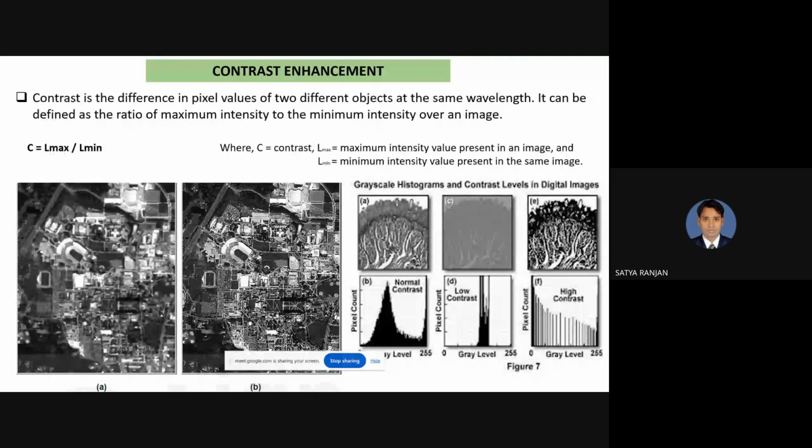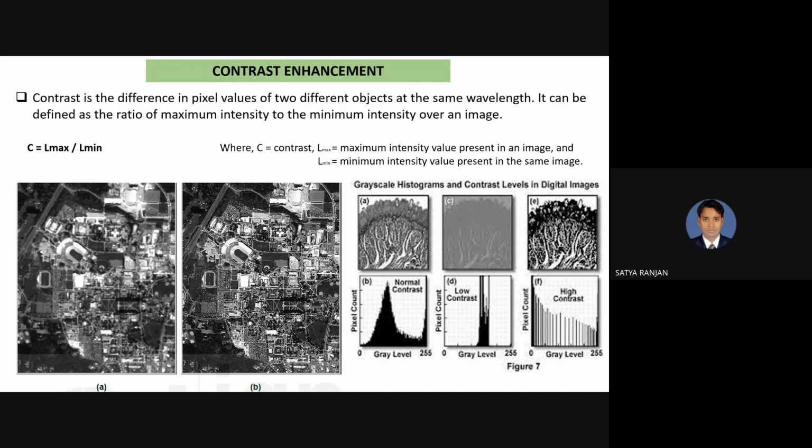So in this satellite image, the left side is not clearly visible. After enhancing the contrast by different techniques, then it is visible clearly. So contrast is very important for different applications. And the right side is a satellite image of normal contrast, then low contrast, and then high contrast.